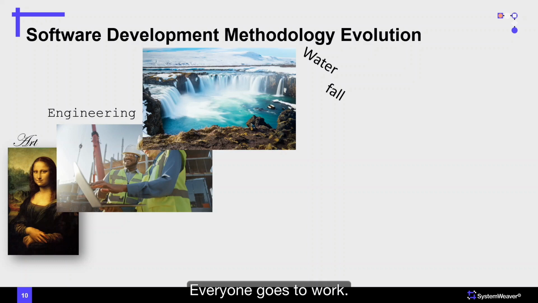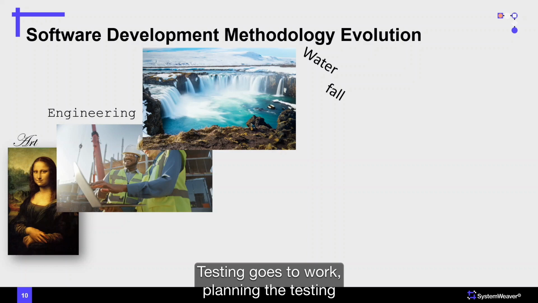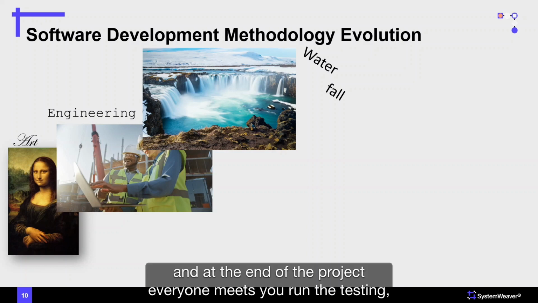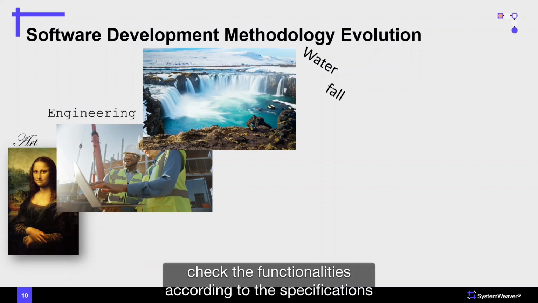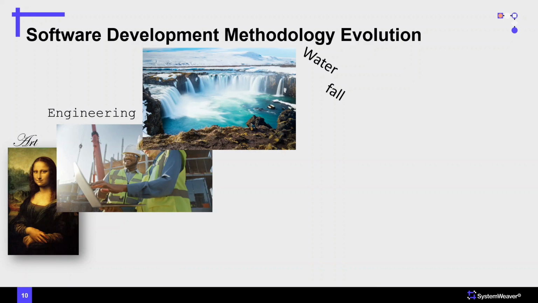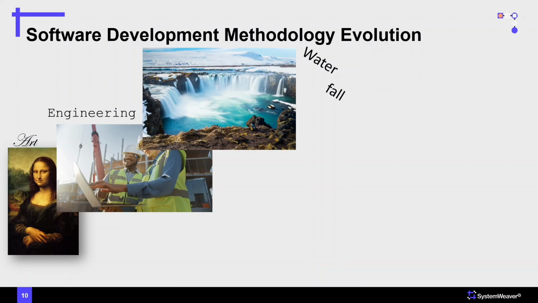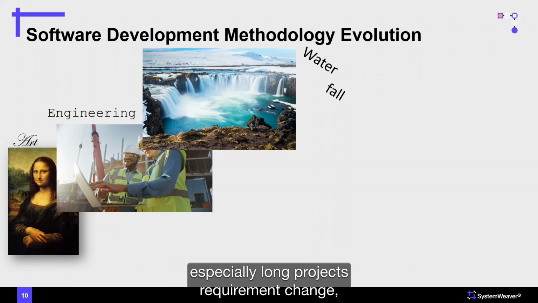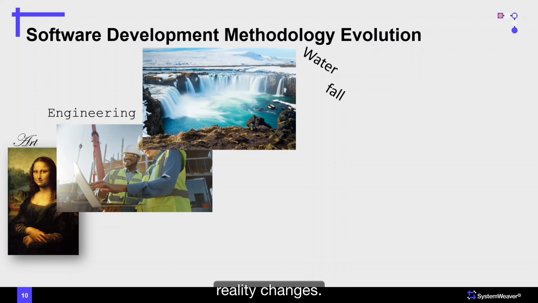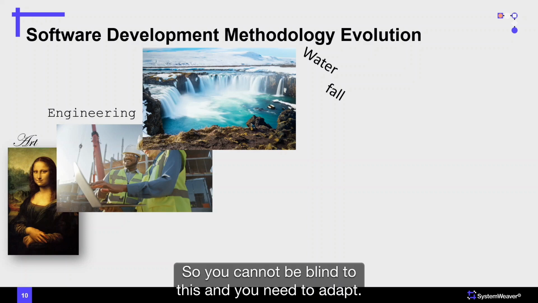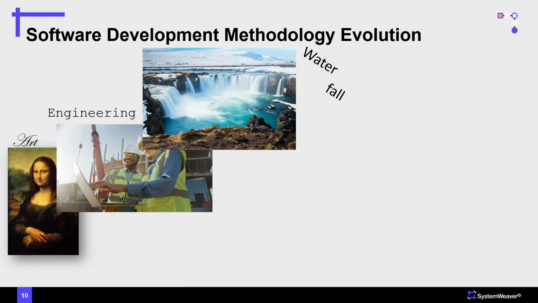Everyone goes to work, software development goes to work, testing goes to work, planning the testing, and at the end of the project, everyone meets, you run the testing, check the functionalities according to the specifications, and provide it to the customer. The problem with this is that things change, especially in long projects: requirements change, reality changes. So you cannot be blind to this and you need to adapt.